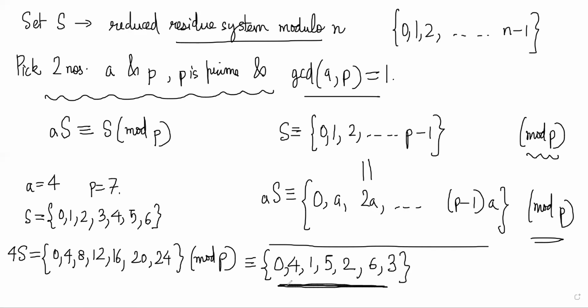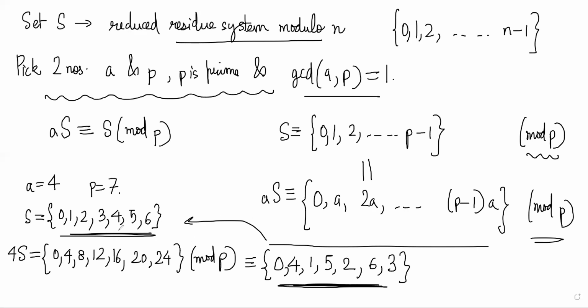Now see, the order has changed, but the set is the same. The numbers have rearranged, but the number of elements is the same and all elements are identical.